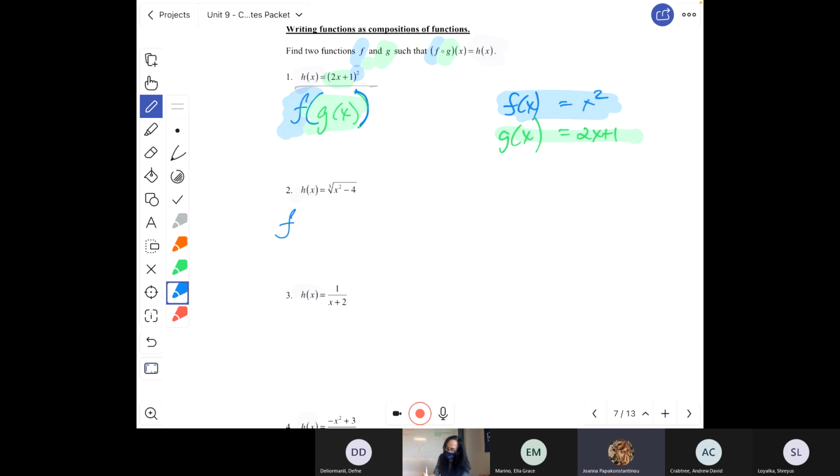Again, I'm looking for f of g of x. So I'm trying to figure out what f of x is, the big picture, and then the input to f of x. Any ideas, Blaine? F of x is the cube root of x. Absolutely correct, and therefore g of x? X squared. Beautiful. Excellent.